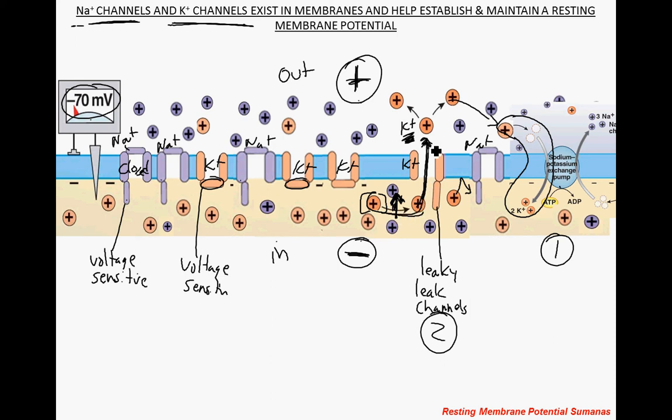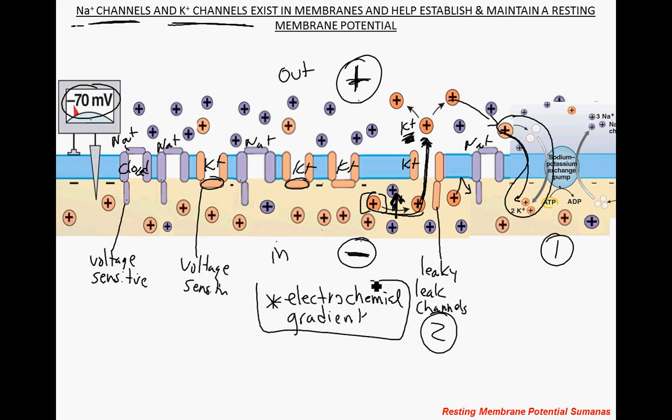No, because it's being pumped back in by the sodium-potassium pump. And so what we end up having established is an electrochemical gradient across the membrane, where the tendency will be for this potassium to diffuse out. But will all of it diffuse out?